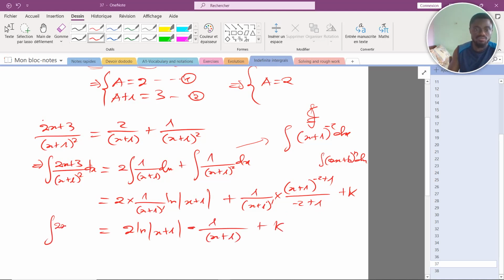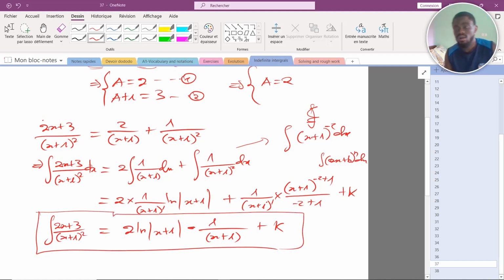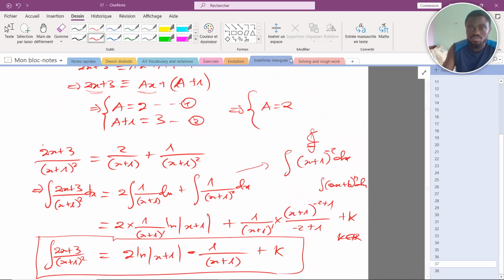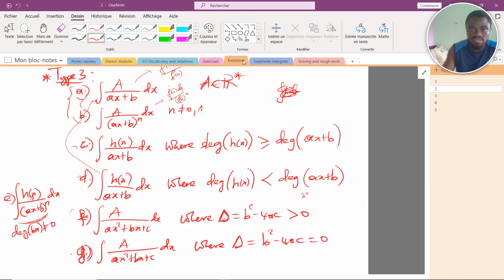So the integral of (2x plus 3) all over (x plus 1) squared will be equal to this. You basically see how integrating such a thing is very simple. There's nothing complicated in it. K belongs to R. So we basically saw exercises on how to integrate such forms.